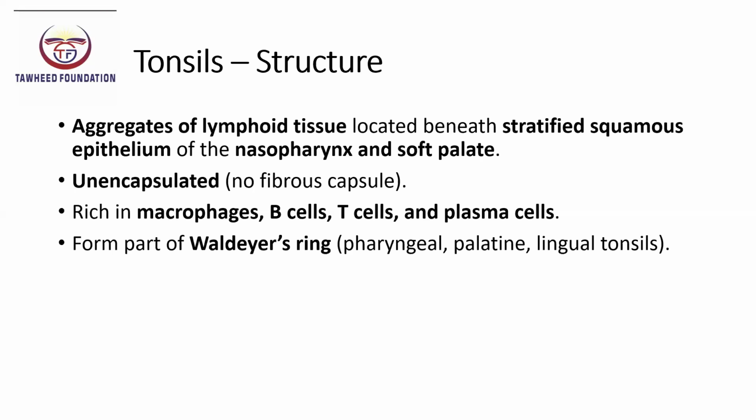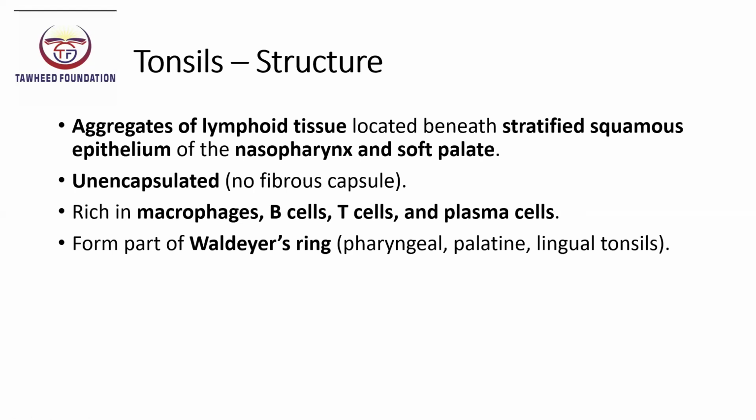This unique structure allows antigens from food and air to come in direct contact with immune cells. Tonsils are rich in macrophages, B cells, T cells, and plasma cells, which together coordinate immune responses.